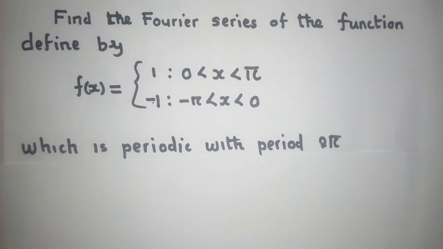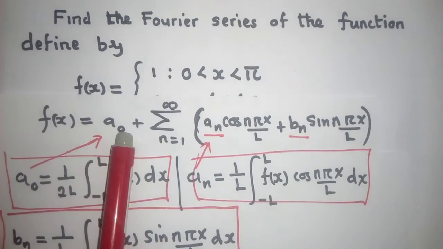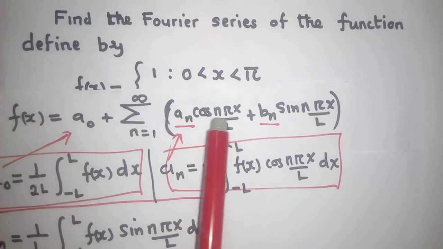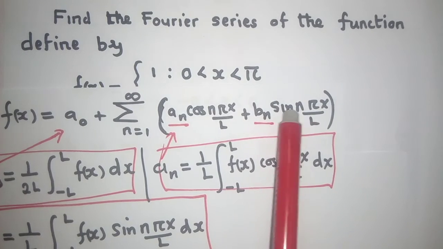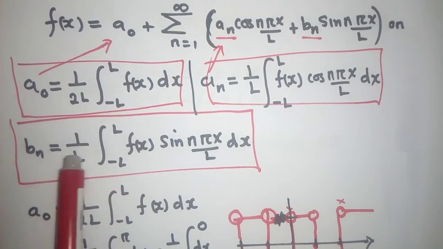Remember, this formula wants us to find this, and this. So we found this to be 0, this one also 0. So we're remaining with this one here. And for this one, the formula is right here. This is the formula we are dealing with.